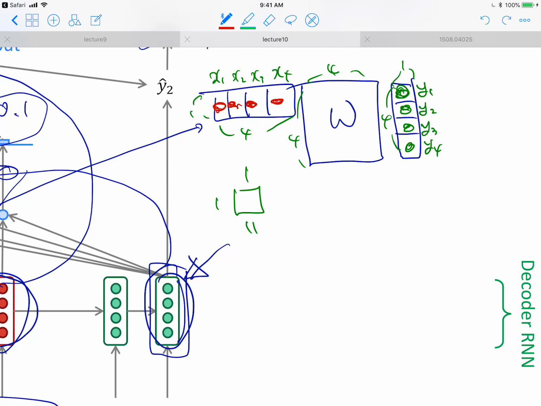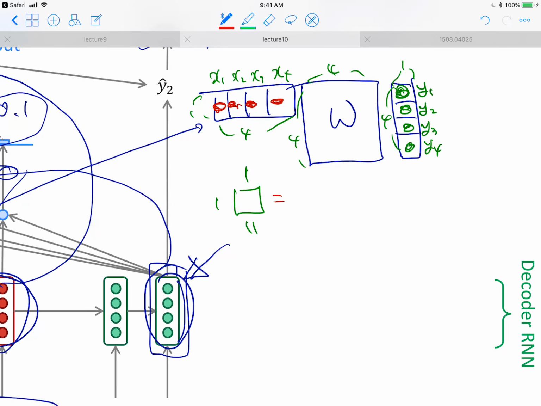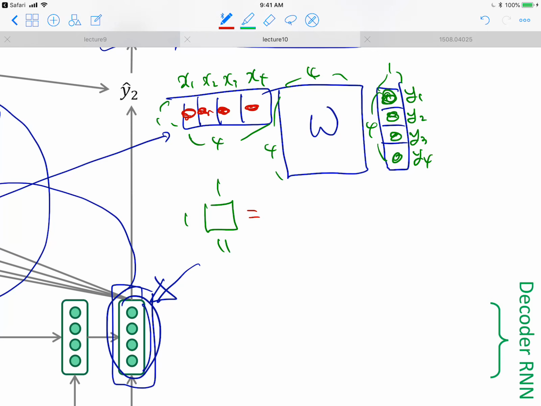In this bilinear case, it is defined by computing all the possible products between elements of these two vectors: x1 y1, x1 y2, x1 y3, and so on.